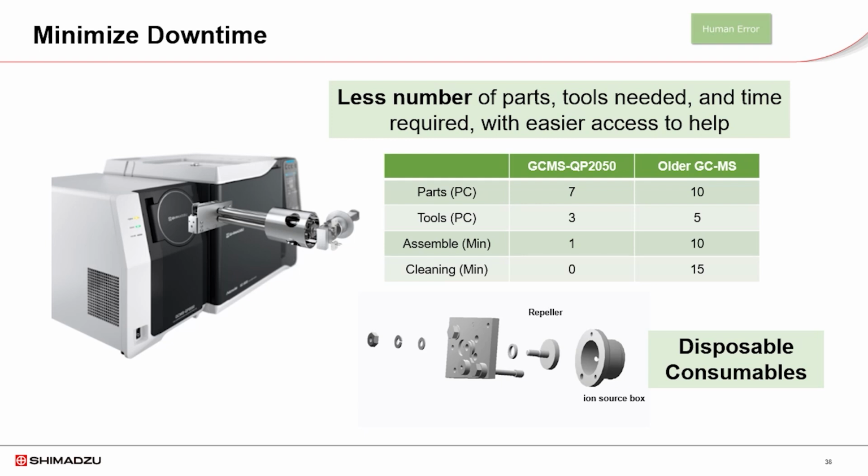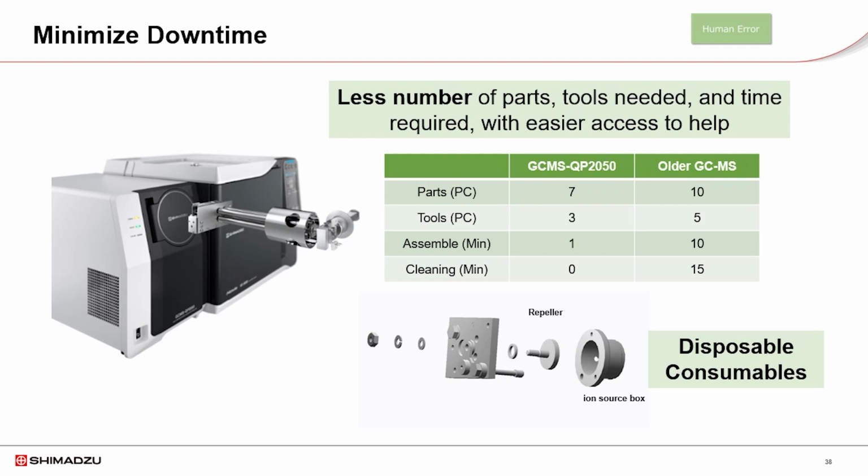So we can handle those components as disposable consumables if the lab manager wants. It means new waste. However, we don't need to clean up using solvent and flasks and something like that. So this operation protects the chemist or operator from solvent exposure.